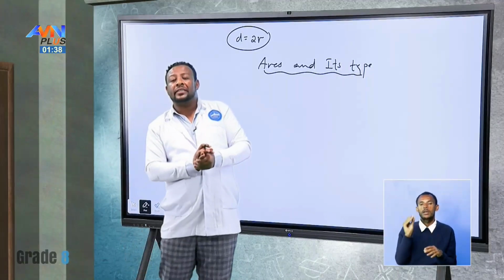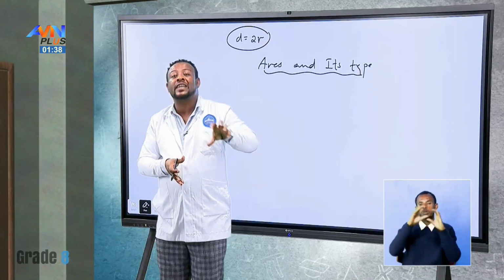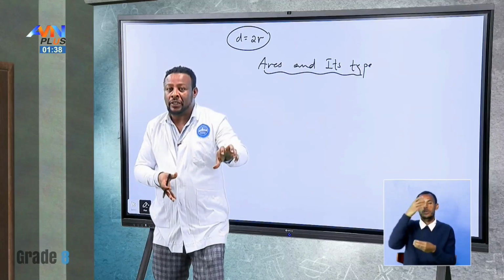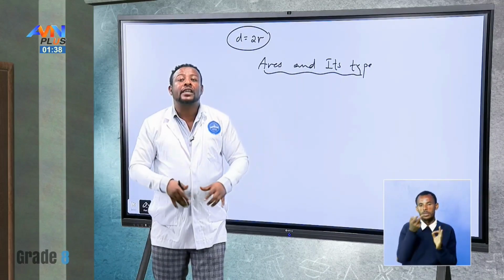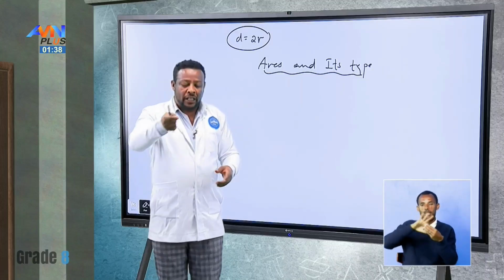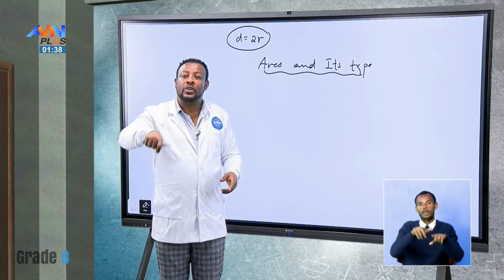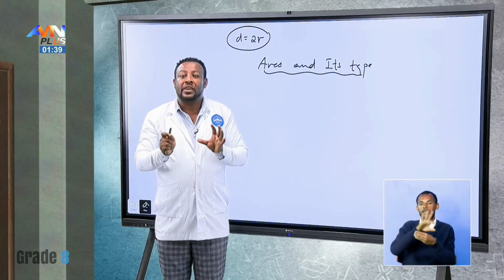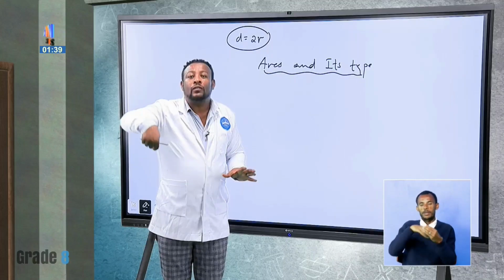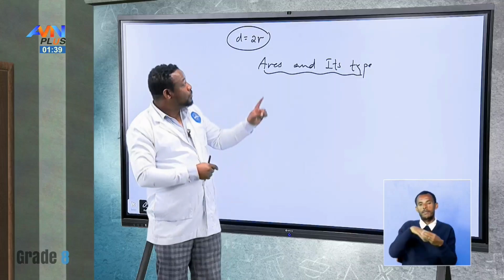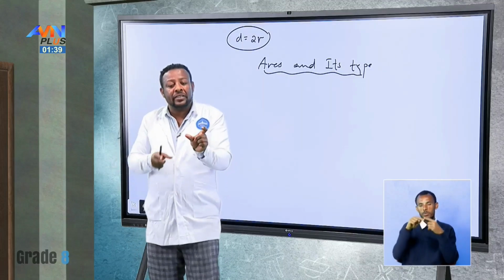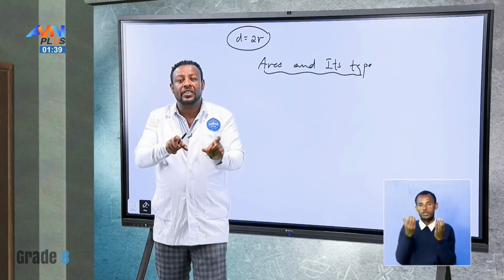An arc is a portion of the circumference of a circle. Okay, in our former definition, we have seen that a circumference of a circle is the total length of a full circle. Whenever we say circumference, the length of a full circle is a circumference. So when we come to arcs, arc is a portion of a circumference of a circle.